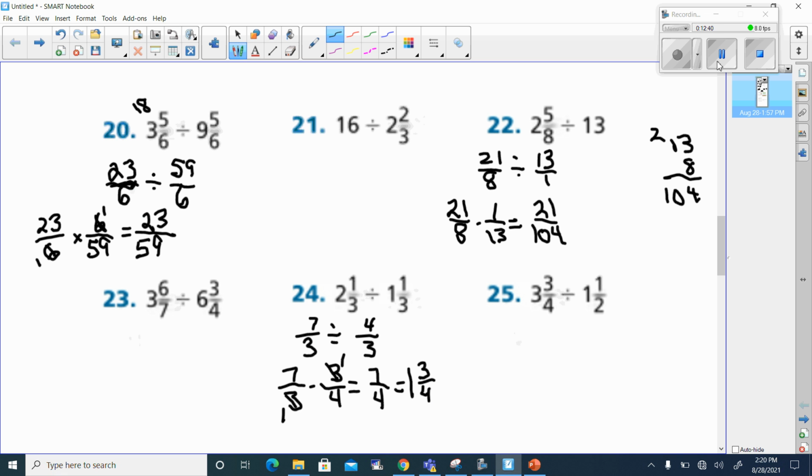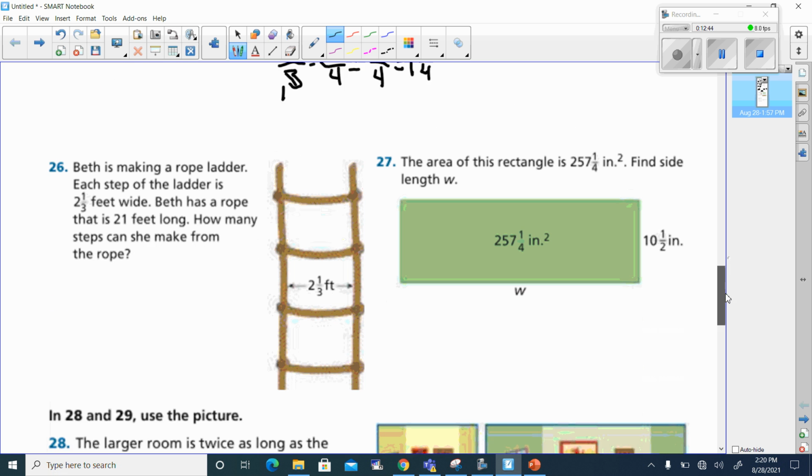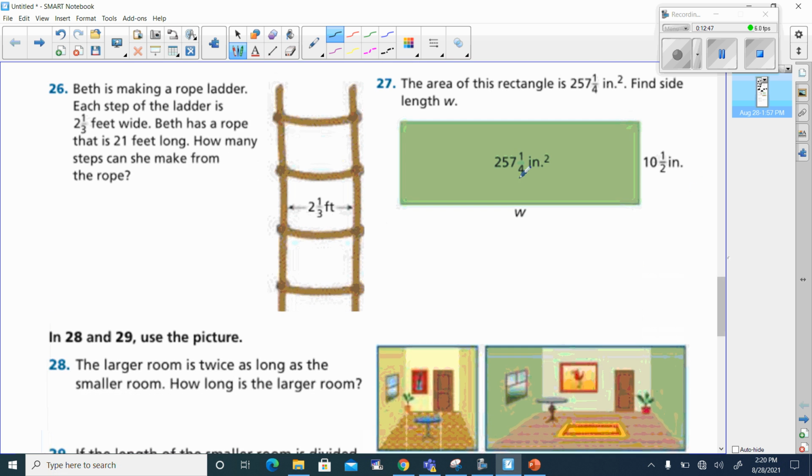All right, I guess I have number 26 next. 26 says, Beth is making a rope ladder. Each step of the ladder is 2 1/3 feet wide. Beth has a rope that is 21 feet long.